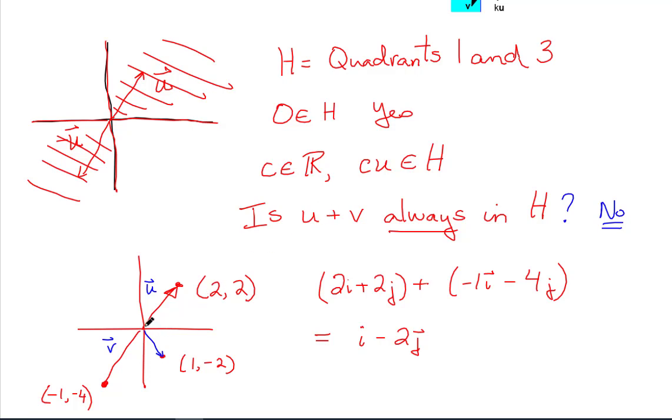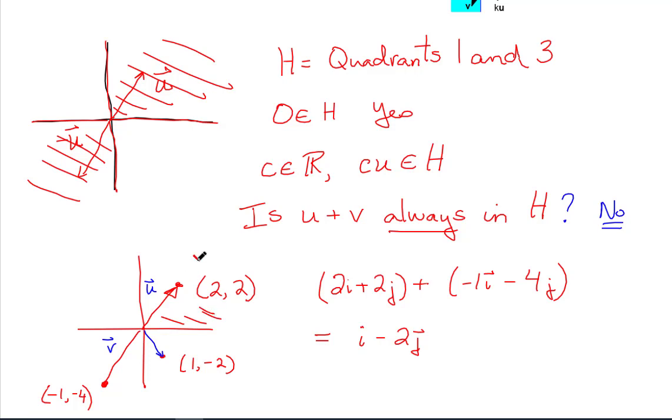Well, let's see. Let's say vector U points to 2, 2, or 2i plus 2j. Vector V points to minus 1, minus 4, so minus 1i minus 4j. If I add these two vectors together, U and V, I get i minus 2j, which points to 1, minus 2.